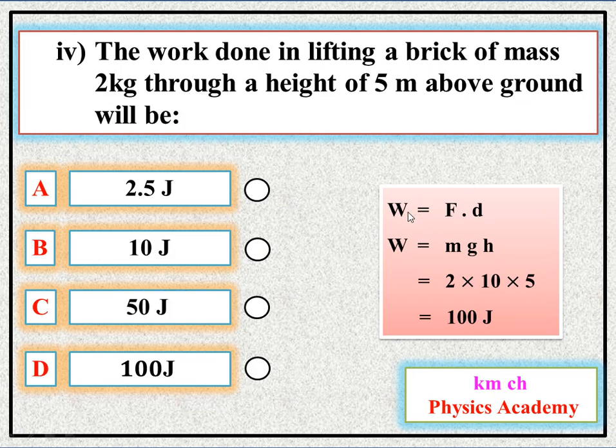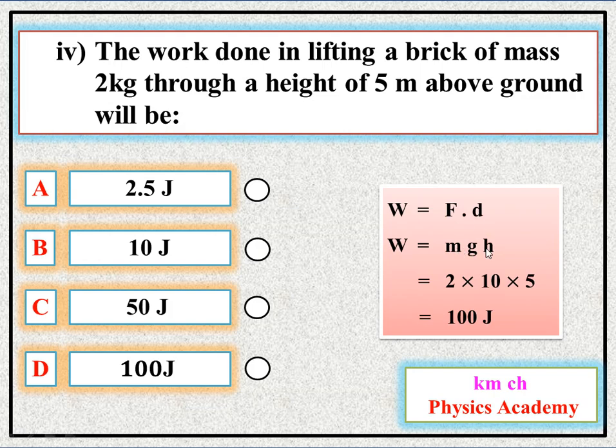Now work done on the brick will be equal to F dot D. Here the force which we have to apply to lift the brick up will be equal to the weight of the brick. So we will replace force with mg, the weight of the brick.